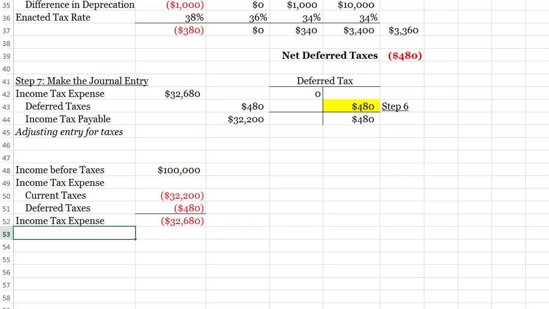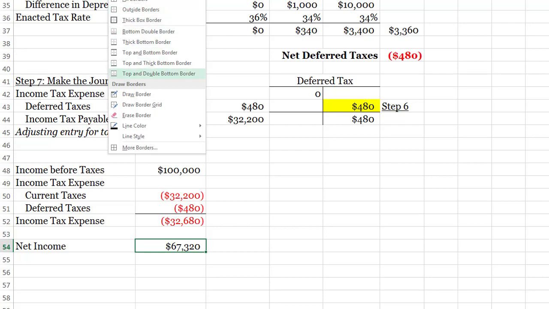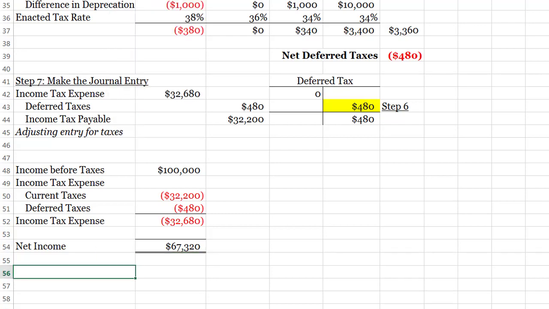And there it is. That's just what I wanted to see. And the final thing I can do, I can put in my net income, which will be the 100,000 plus that 32,680. There's my net income number for the year. And since I'm old school, I love to see that double underline. I'm going to put that in there so I've got it.